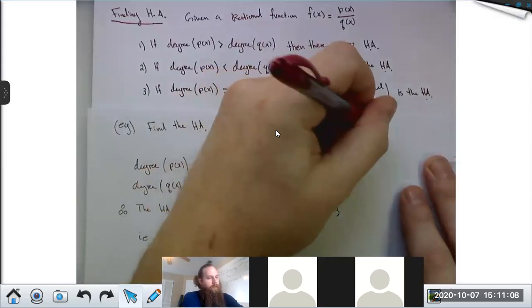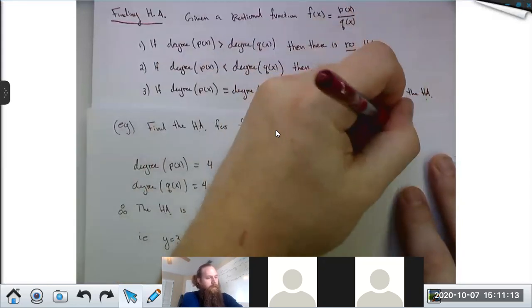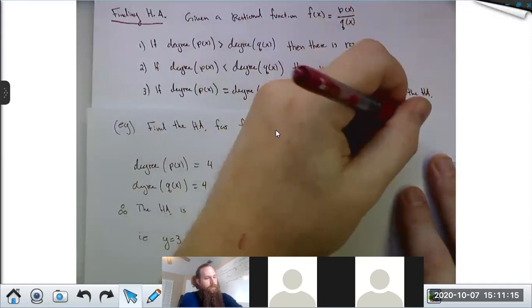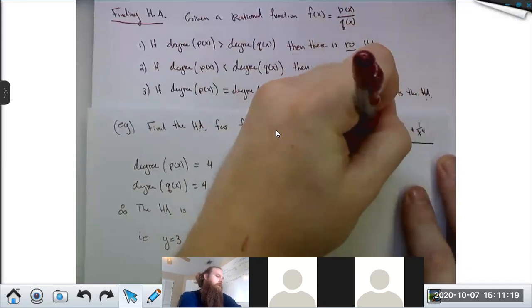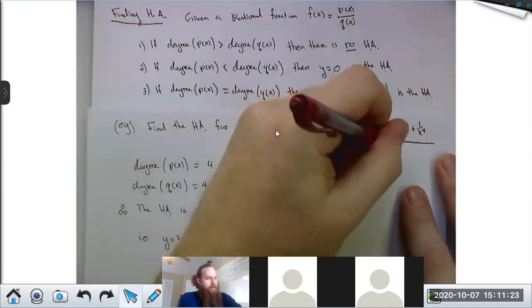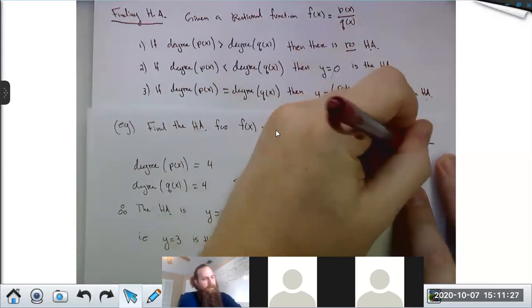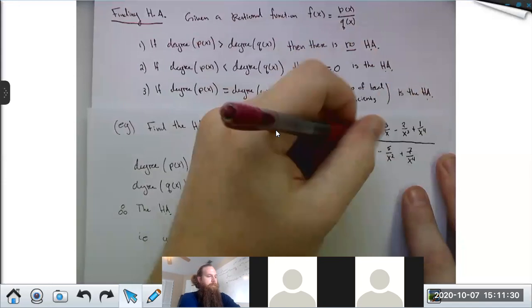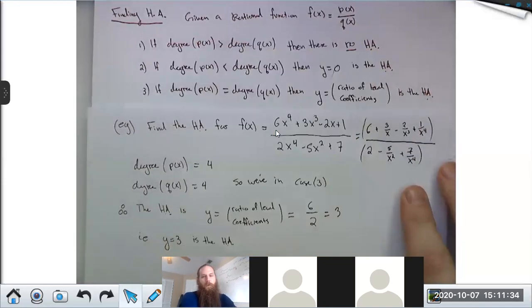This is equal to 6 plus 3 over x minus 2 over x cubed plus 1 over x to the 4, all divided by 2 minus 5 over x squared plus 7 over x to the 4. So if I divide top and bottom by x to the 4, that's what I get.